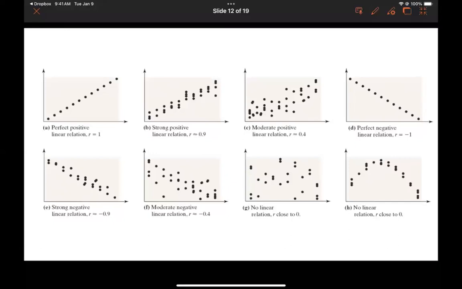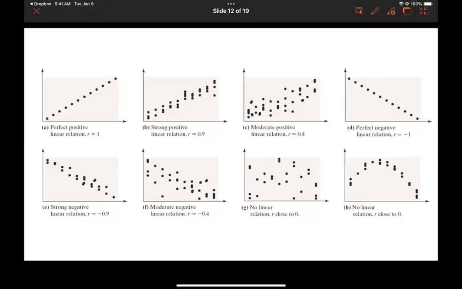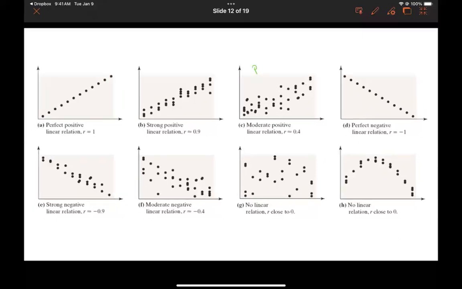So C, now it says it's 0.4. I think 0.4 is too small of a number. I really think it's about a 0.6 or 0.7. And you'll see as you start looking at them that this is probably 0.6 or 0.7 and not a 0.4.